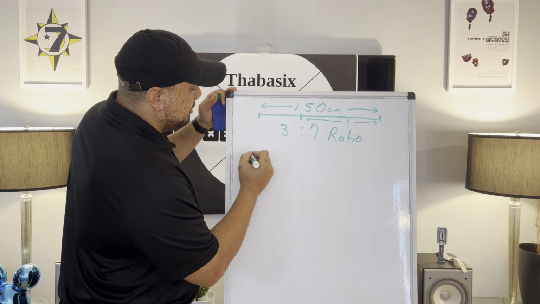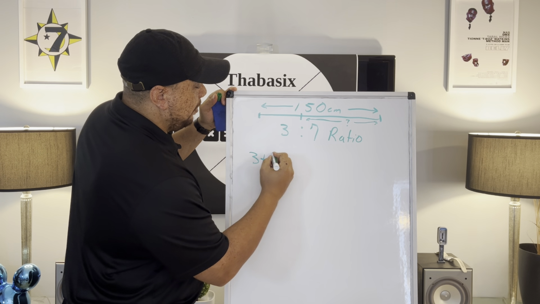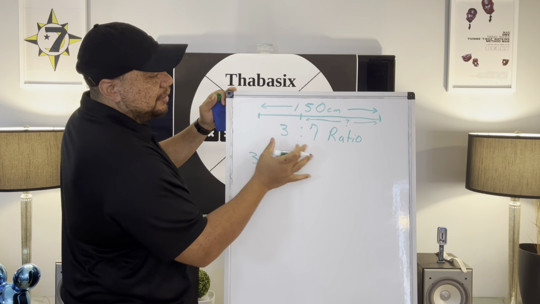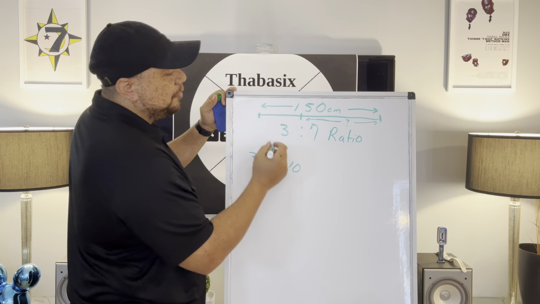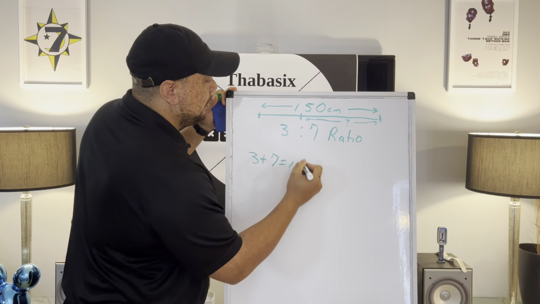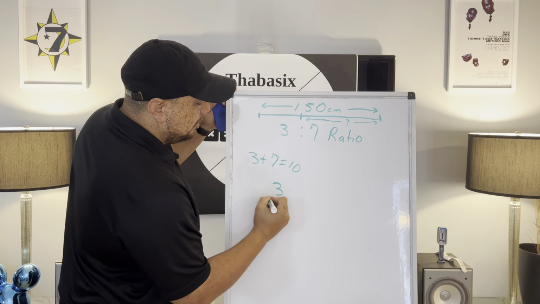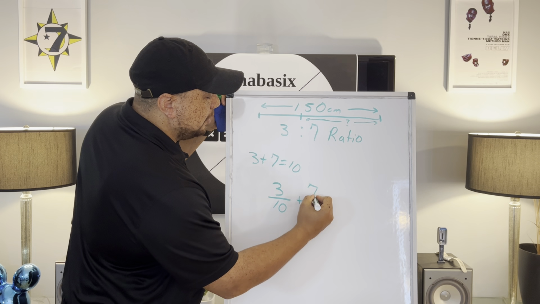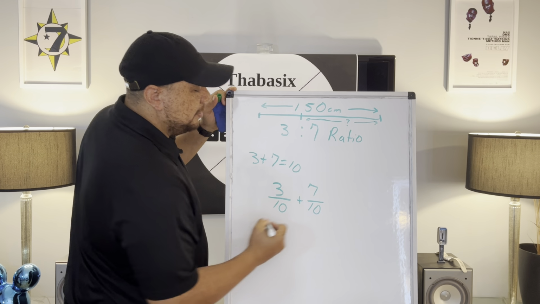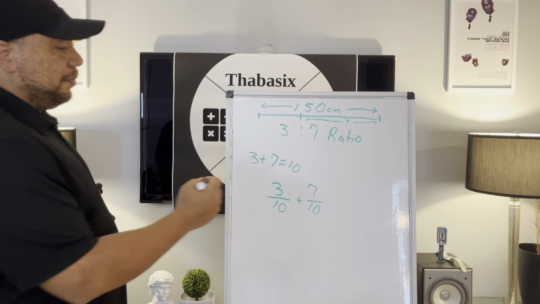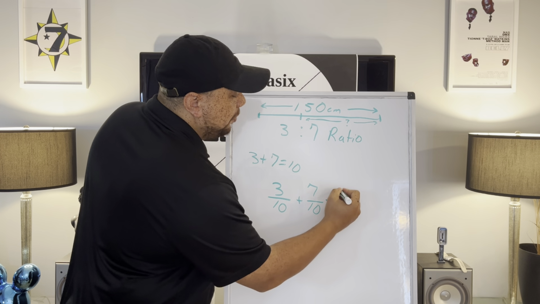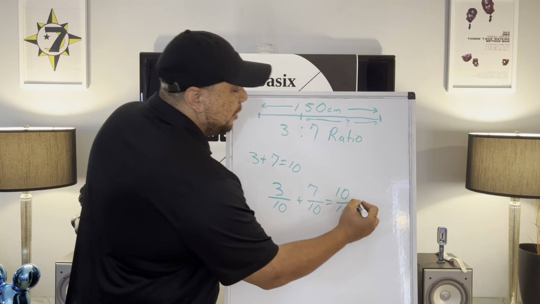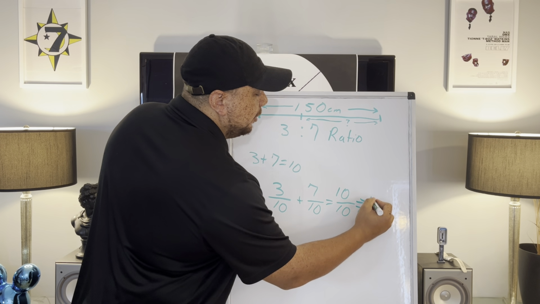So the whole piece is 10. Now 3 over 10 gives the smaller side, plus 7 over 10, the longer side. Then that equals the whole piece. Remember, when the numerator over the denominator are equal, that is equal to 1.